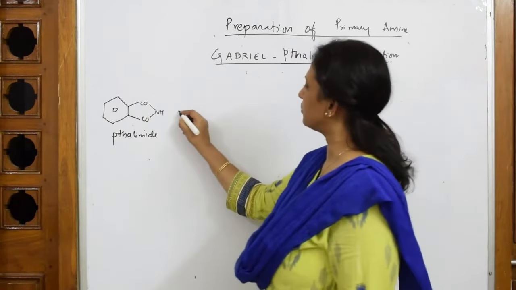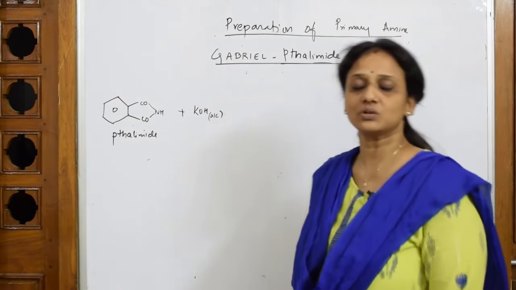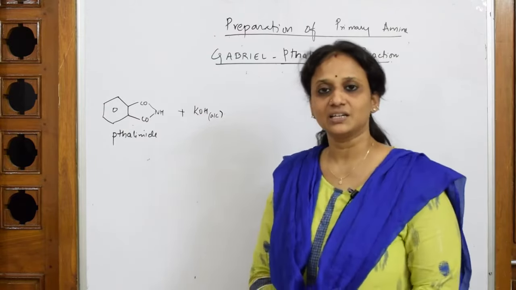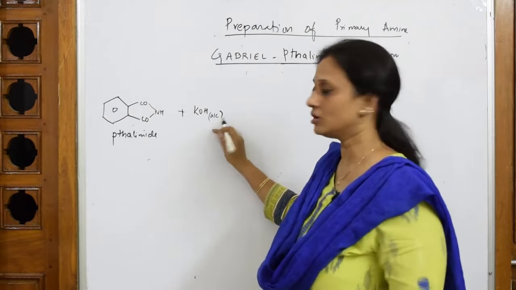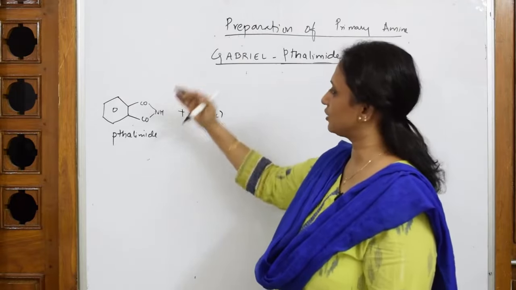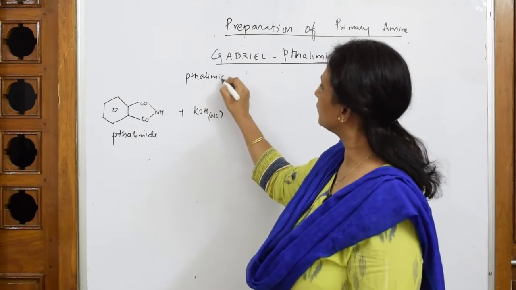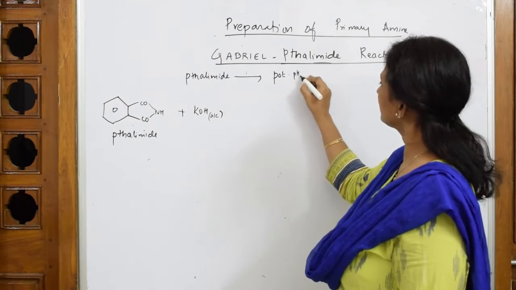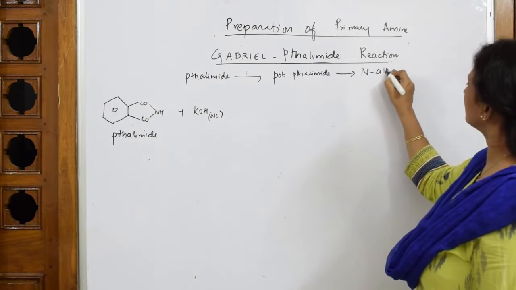So with phthalimide, you're going to use the most important thing, alcoholic KOH. What is KOH doing here? KOH is going to supply this OH minus. That's why we call it a nucleophilic substitution reaction. This KOH, in the presence of an alcohol, is going to supply that OH. Now, if I go to the background of this, you can remember this before you go for the exam: phthalimide first gets converted to potassium phthalimide. This gets converted to N-alkyl phthalimide.